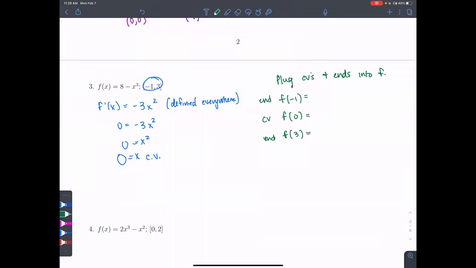So if you plug into f, you have 8 minus negative 1 cubed. So that would be 8 plus 1, so that's 9. And then if you plug in 0, we get 8 minus 0, so that's 8. If you plug in 3, you get 8 minus 3 cubed. 3 times 3 is 9 times 3 is 27. So negative 20, negative 19.